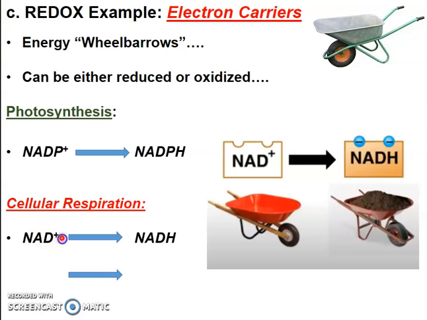It'll accept a pair of electrons and become NADH, which is the reduced version you can see over here. And eventually, when we get to cell respiration, we'll learn that we'll also use a second electron carrier, an oxidized form called FAD. Once that accepts a pair of electrons, it becomes FAD2 negative.